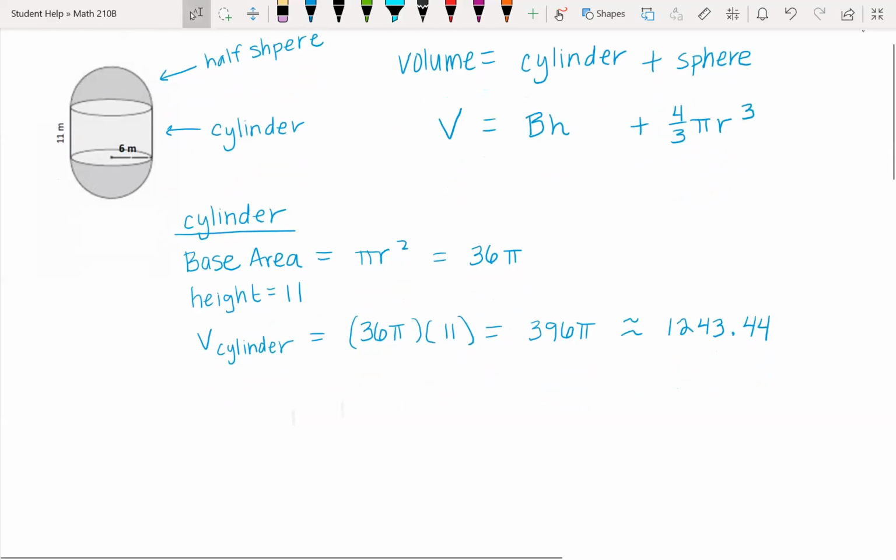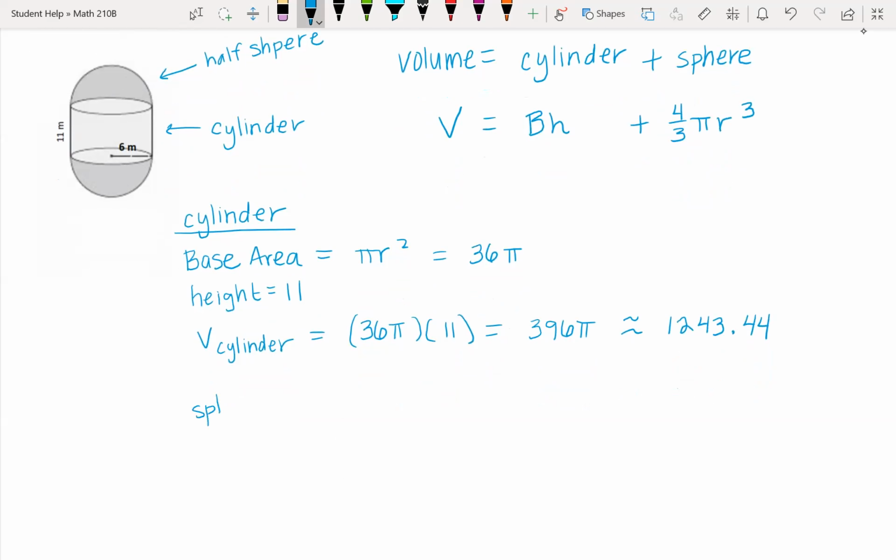All right, let's look at the sphere next. The volume of a sphere is 4/3 pi times the radius cubed. The radius is 6, so times 6 cubed. That ends up being 288 pi.